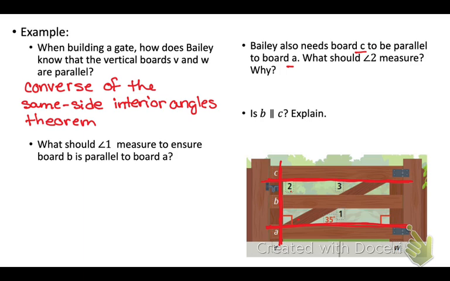In order for C and A to be parallel, what does angle 2 have to be? 90. Why? Because it's a right angle. What theorem tells me? Isn't it the same side interior angles? Yes.